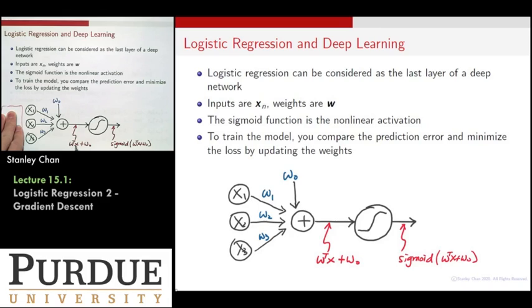That would be the expression, w transpose x plus w0. That is a linear expression. And then after you go through the sigmoid function, essentially just apply the sigmoid to this linear response. And so this sigmoid function is what? Well, the sigmoid function, according to our definition, is just 1 over 1 plus e to the power minus something. And that is the logistic regression model.